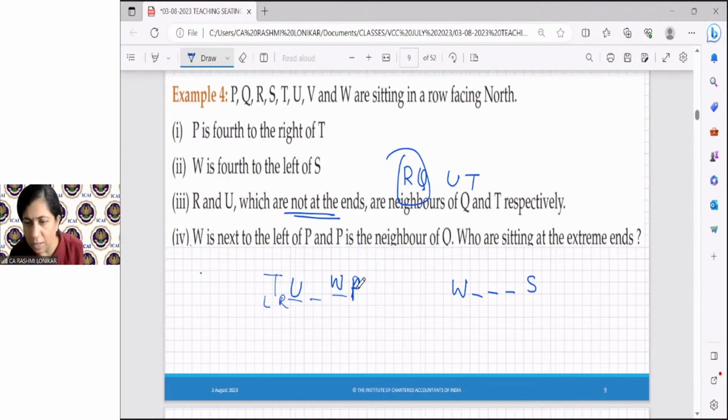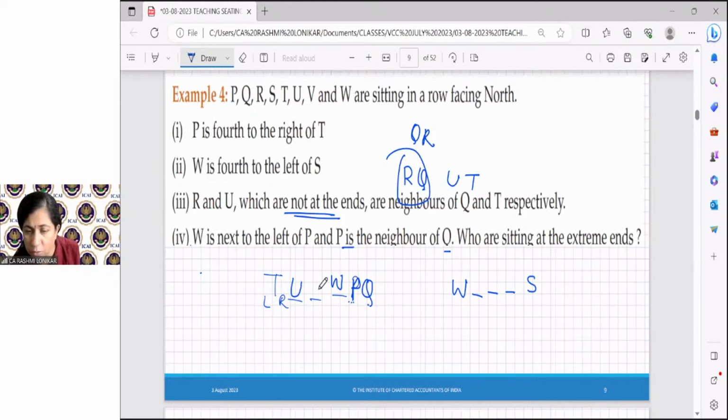P is the neighbor of Q. Now I have RQ or I have QR. R, which is not at the ends, is a neighbor of Q, so you can have QR or RQ. When they're saying P is the neighbor of Q, I already had P and then I have added the Q.